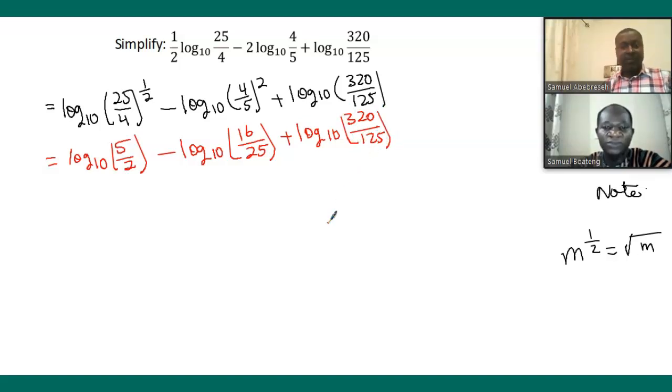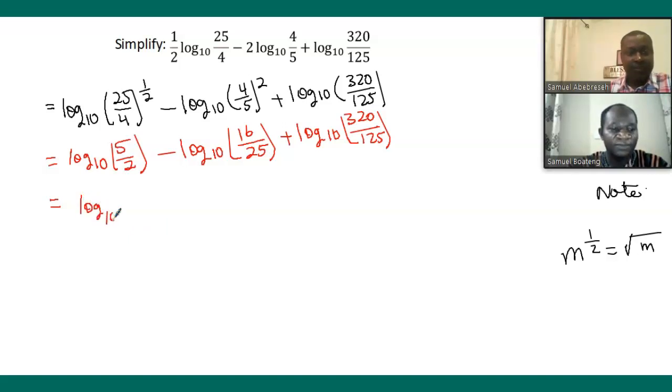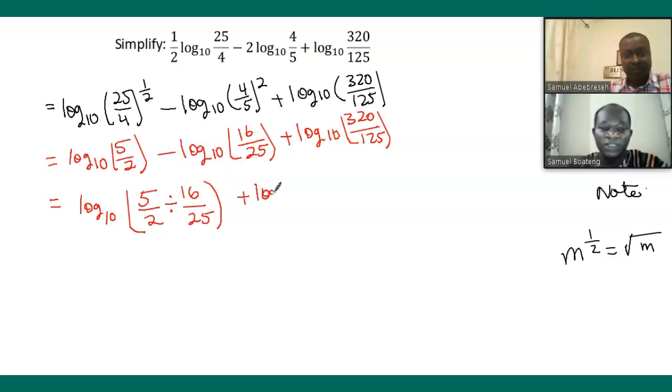Okay. Good. According to the laws of logarithm, when you are subtracting, you divide the numbers. So let's write log to the base 10, bracket open, 5 on 2 out of 25, bracket close, plus log to the base 10, 320 out of 125.